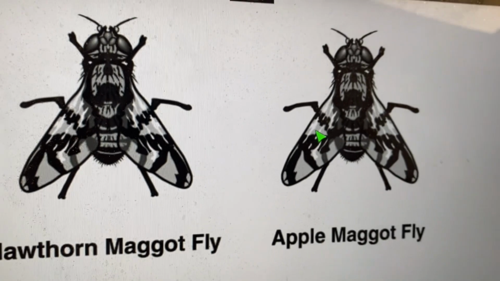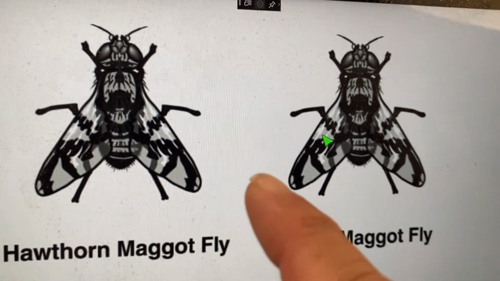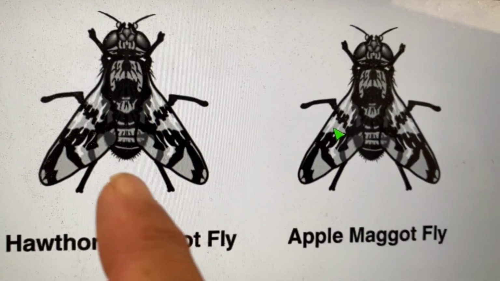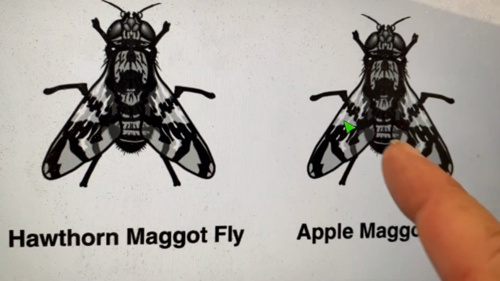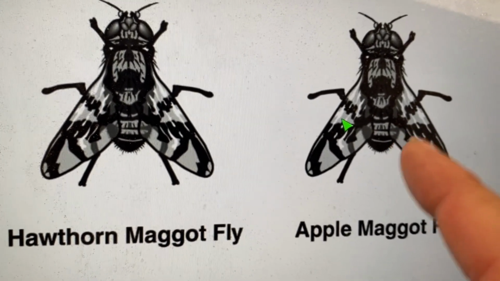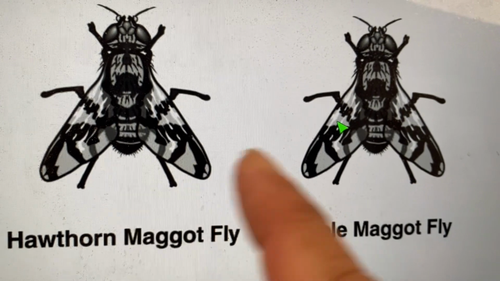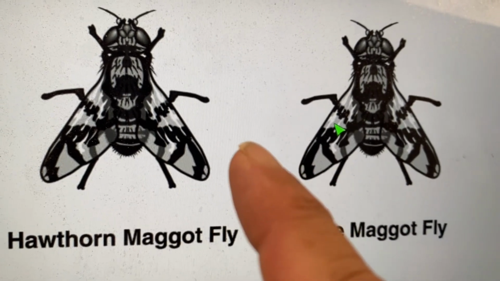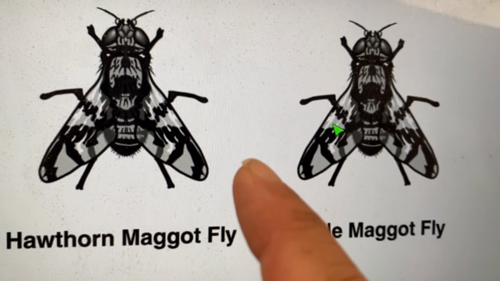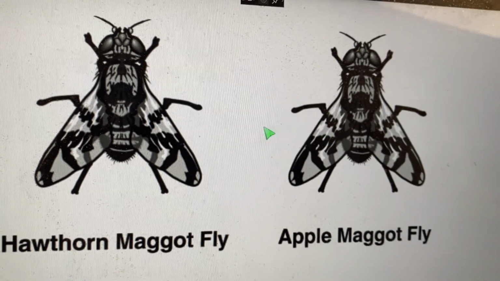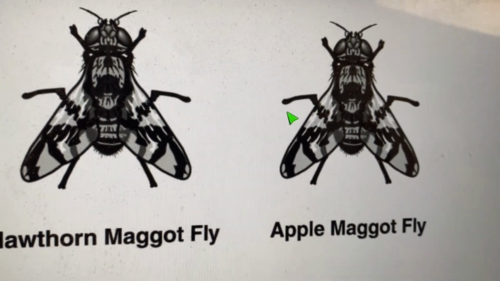So you wind up with two groups of flies. You've got the early flies, the ones that lay their eggs in hawthorns, and the late flies, the ones that lay their eggs in apples, right? These two groups, in just 400 years, were able to split into two species.